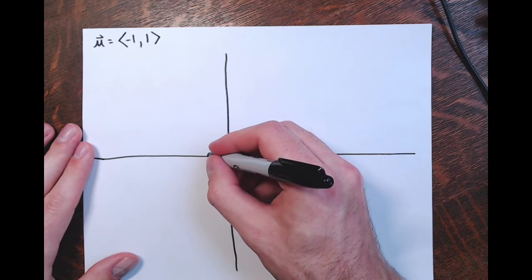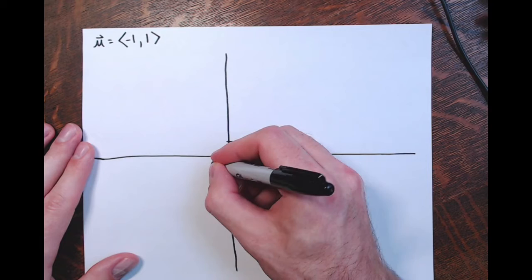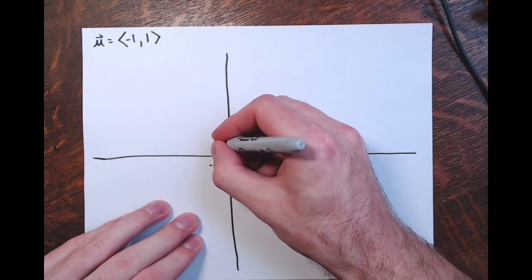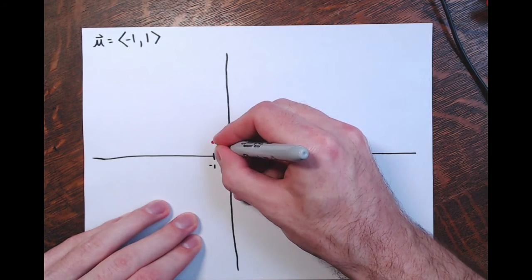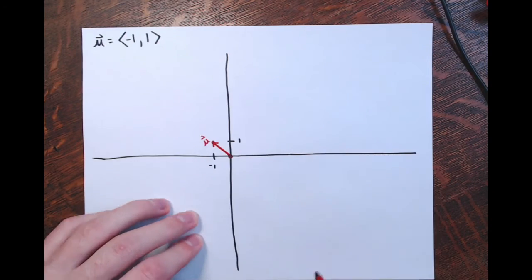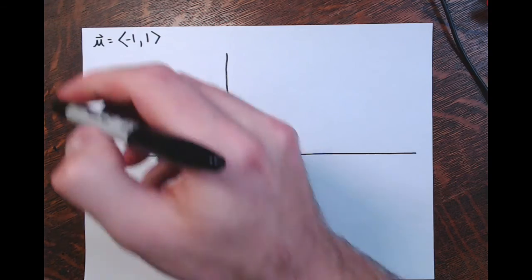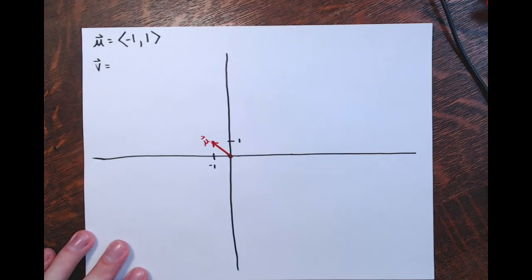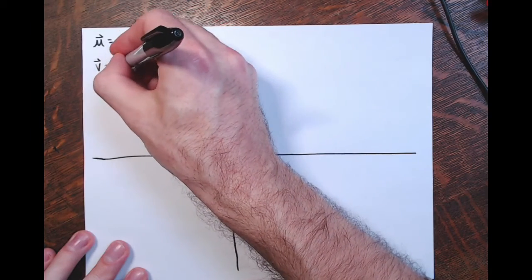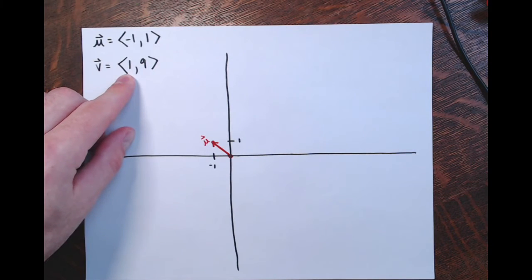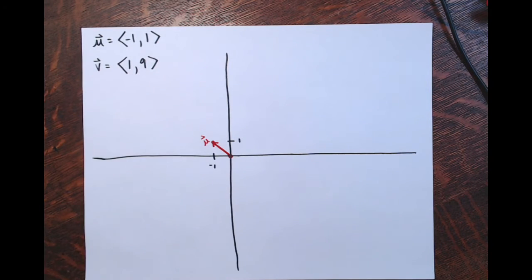So here's negative 1, 1. If I draw it in standard position, starting from the origin and ending at negative 1, 1, there's vector u. And then vector v, they said was i plus 9j, so 1 for the horizontal component, 9 for the vertical component.